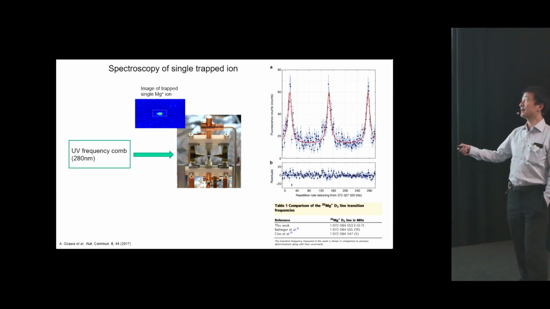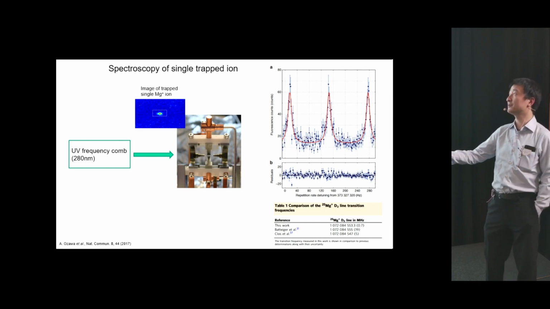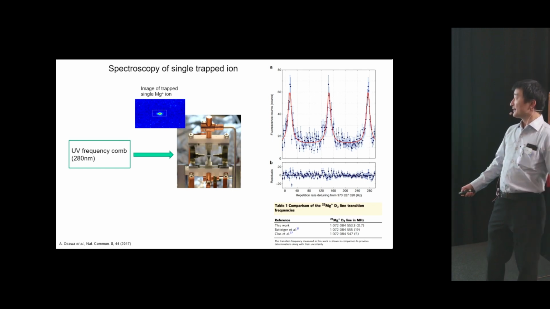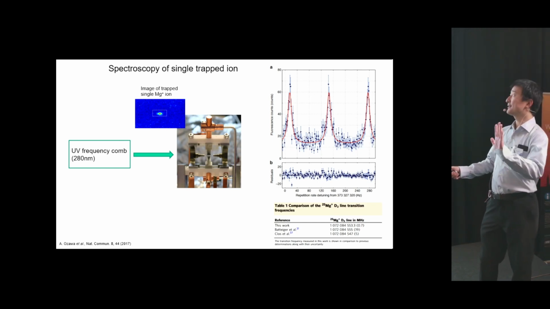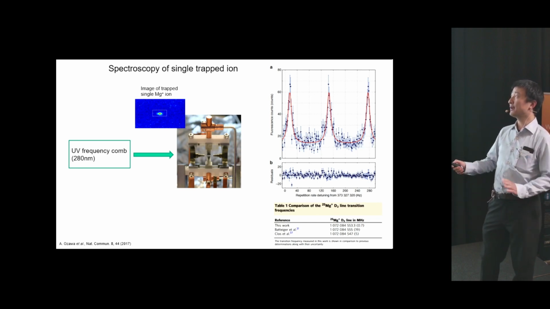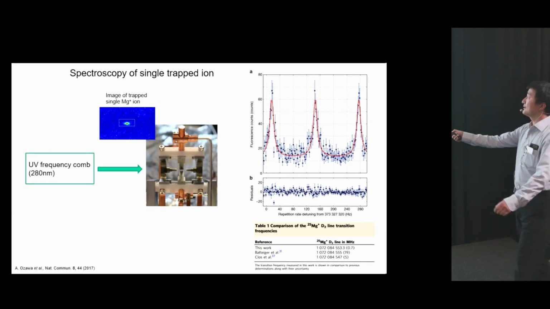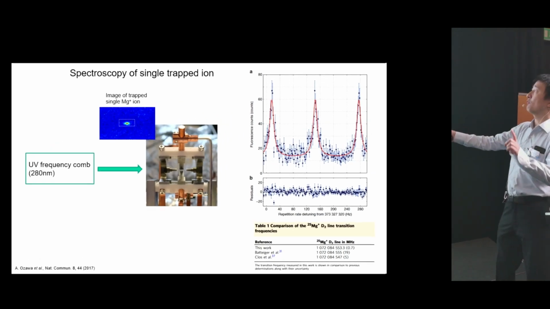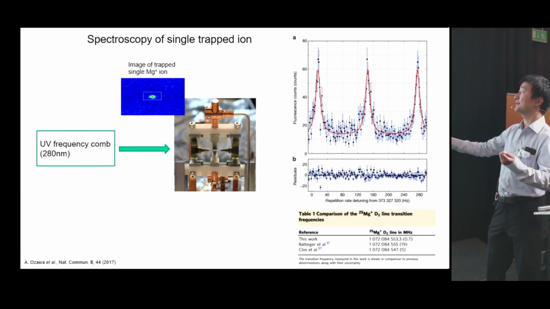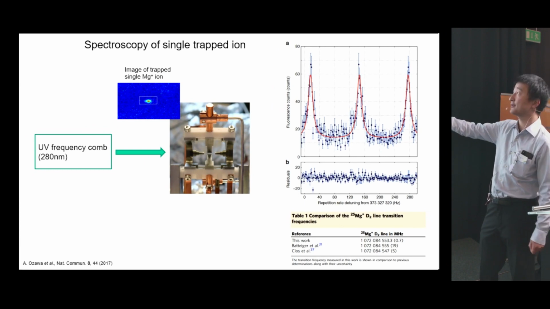We can excite a transition of the trapped single ion by using the optical frequency comb as an excitation source. We can scan the parameters of the frequency comb, like the repetition rate and offset frequency, and this way we can scan the frequency comb structure in the frequency domain. And this is the spectroscopy result. When one of the comb modes exactly matches the absorption spectrum of this target, then we see a strong fluorescence signal.